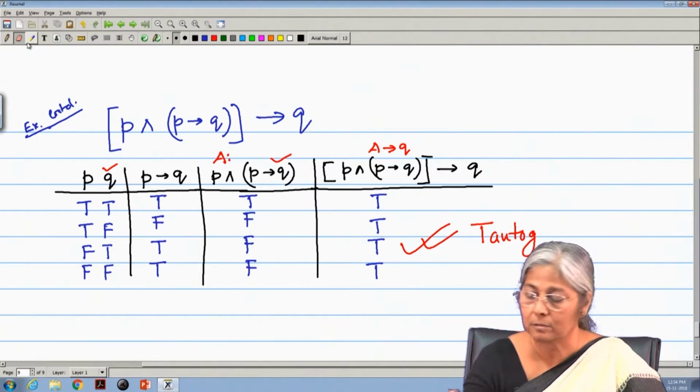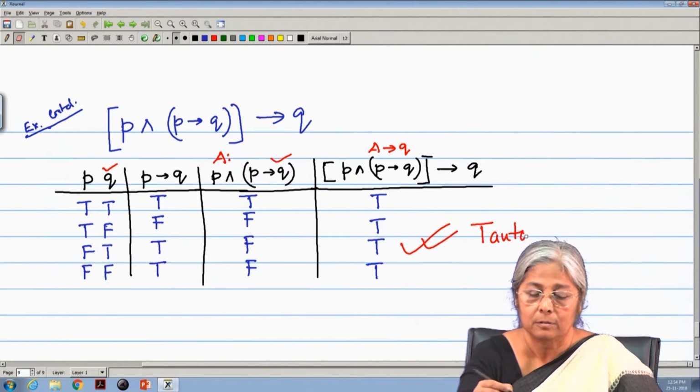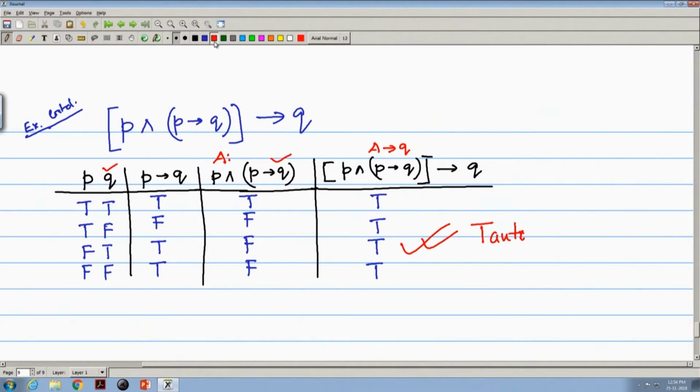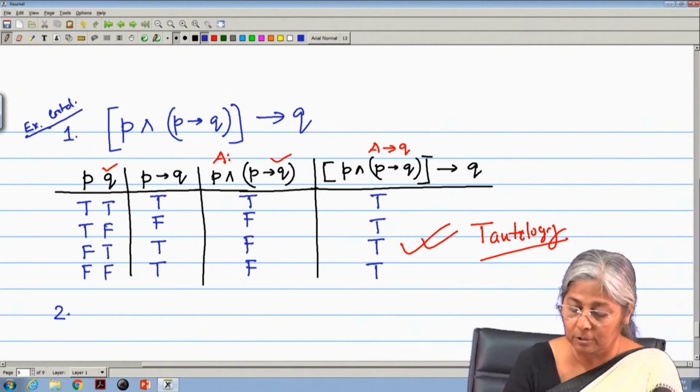This is a tautology. What is the second method? We can do it quickly, because it is much easier than the truth table, as we apply the laws of logic.